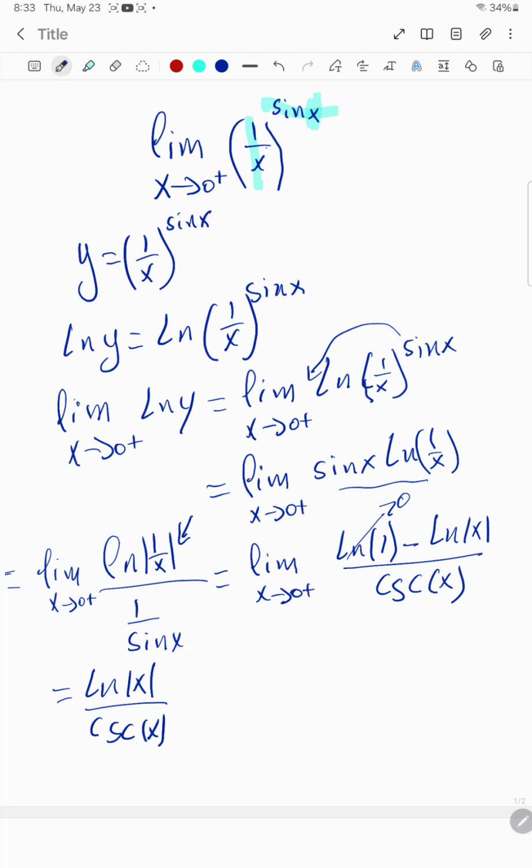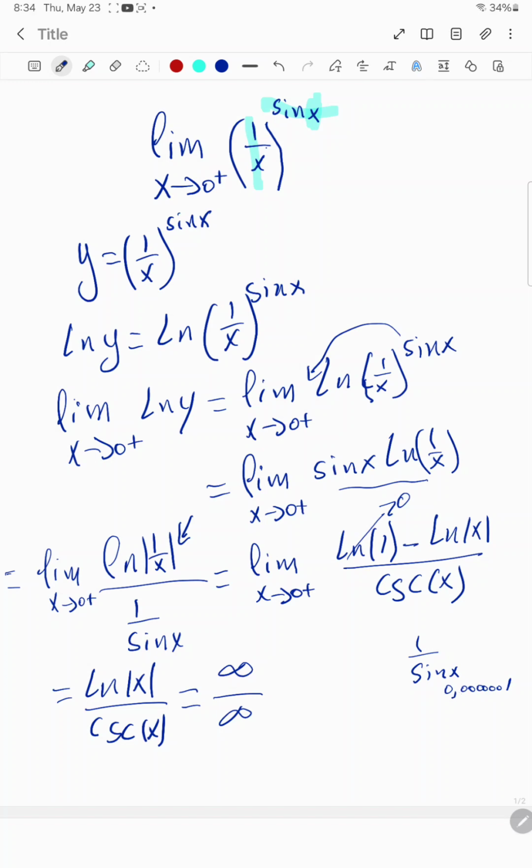And now ln of infinity is infinity and cosec of x is infinity, because cosec is 1 divided by sine x, and when x goes to 0 plus, sine of 0.00001 is a very small number.